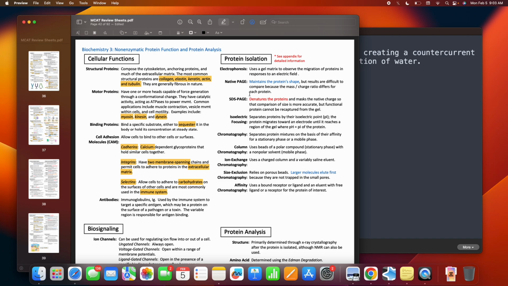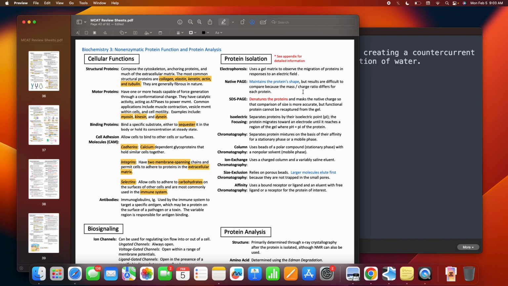We have SDS PAGE. So native, basically you don't do anything, you don't disrupt the protein, you just leave it as it is. So the shape is important. But the results are difficult to compare because the mass or charge ratio differs for each protein.